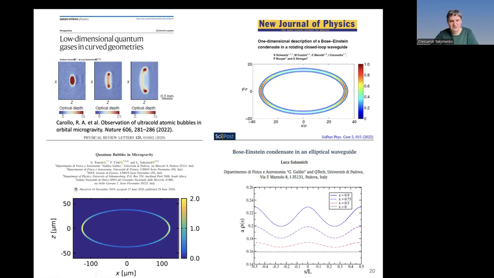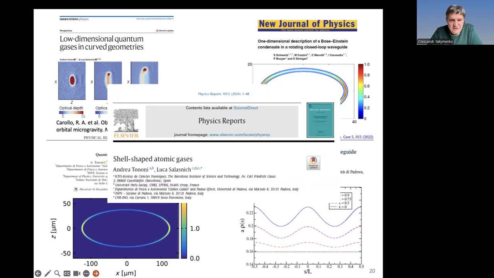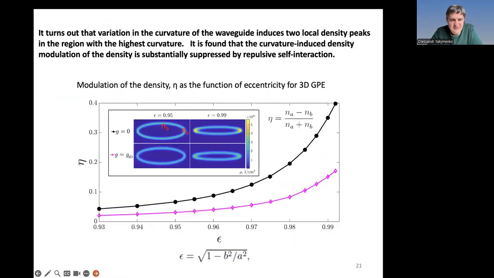which is not a sphere, it's rather an ellipsoid. And indeed, people tried to do it in these works, and we try to see if it happens and why it happens. So we considered, for example, these elliptic waveguides, just to make it simple.